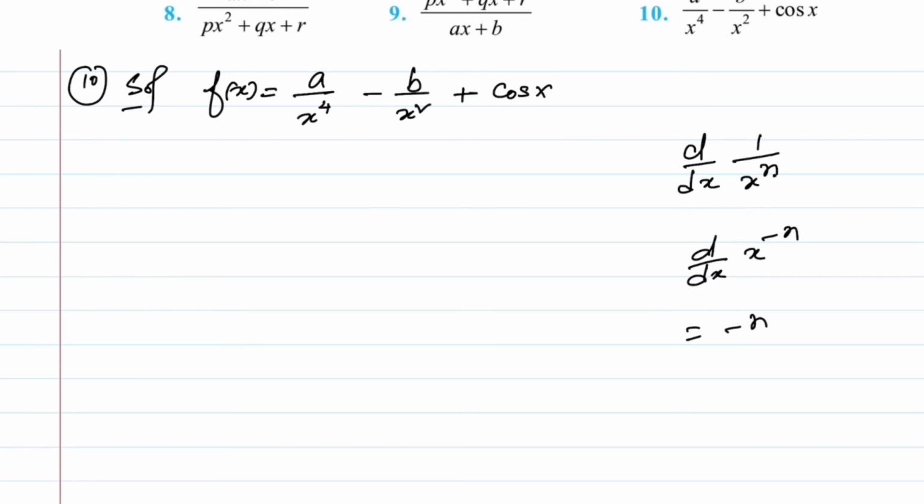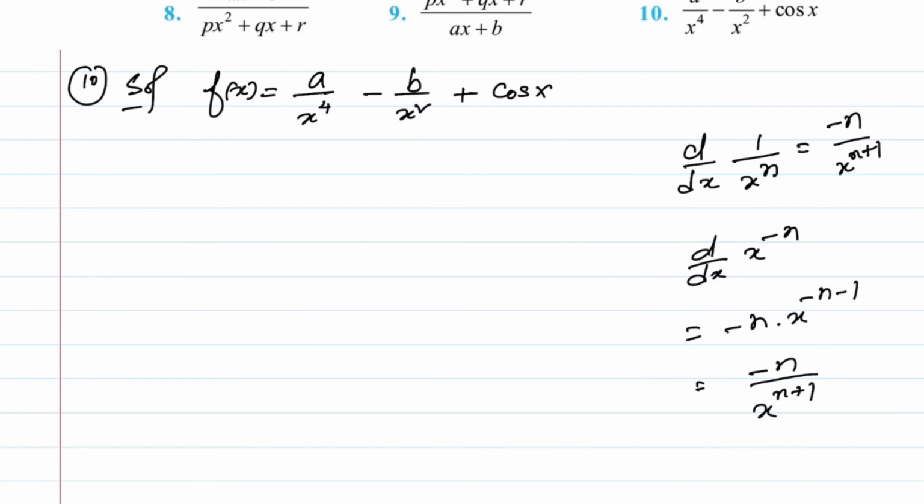So that's going to be minus n into x to the power minus n minus 1. So simply you can write minus n by x to the power n plus 1. So remember this one: derivative of 1 by x to the power n is minus n by x to the power n plus 1. So we're going to use this directly here.